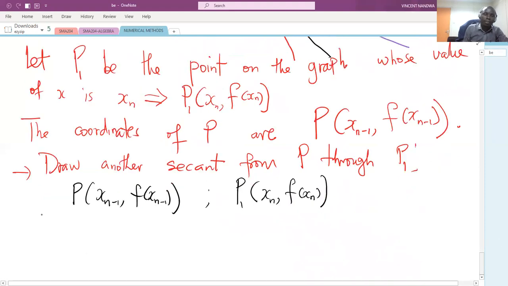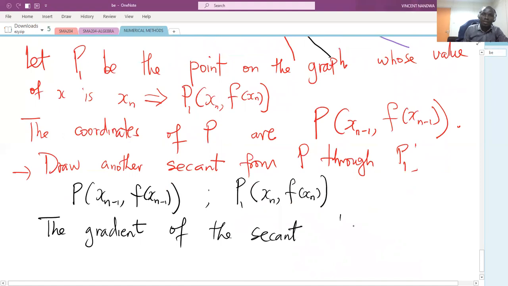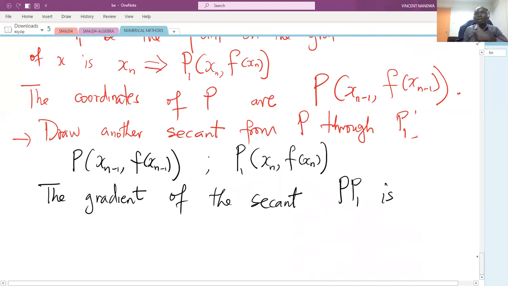So therefore, the gradient of the secant PP1 is, if you remember what you did in Form 2, the change in y over the change in x. Let's denote this gradient by m, which is the same as change in y over change in x.